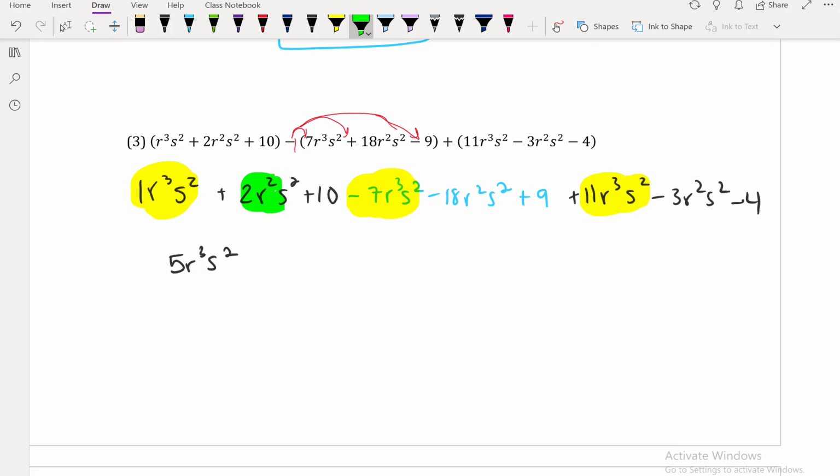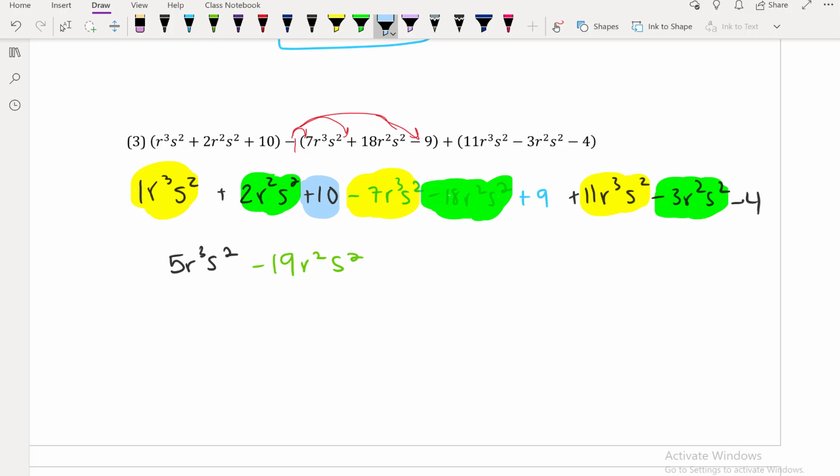Now let's look at all the r squared s squared terms. I have an r squared s squared. This is also an r squared s squared. And this is also an r squared s squared. So now I'm going to be adding all of my green values together. So I have a 2r squared s squared minus an 18r squared s squared minus a 3r squared s squared. So that's going to give me a negative 19r squared s squared.